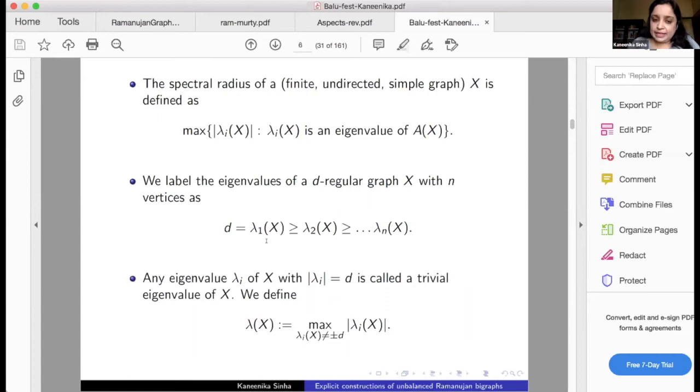So keeping aside the trivial eigenvalue, any eigenvalue whose absolute value is equal to d is called a trivial eigenvalue. And we define lambda of X to be the maximum size of the so-called non-trivial eigenvalues of the graph.